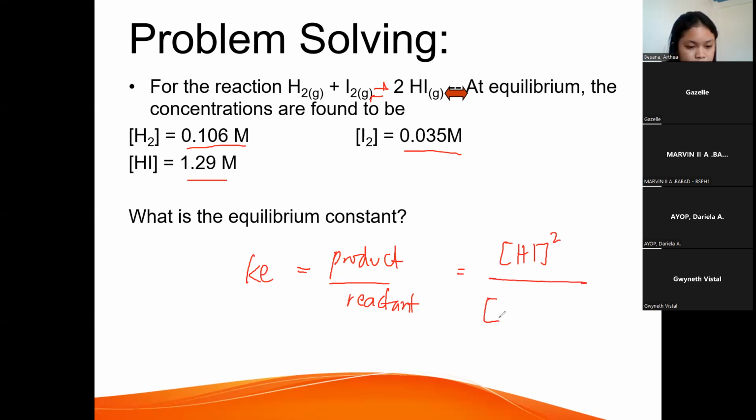And then, we have dalawang reactants, H2. Wala siyang coefficient. Yung isa pa, iodine. Wala din siyang coefficient. So we will try to solve this next meeting. We will use these values, ipapalit natin siya dyan.